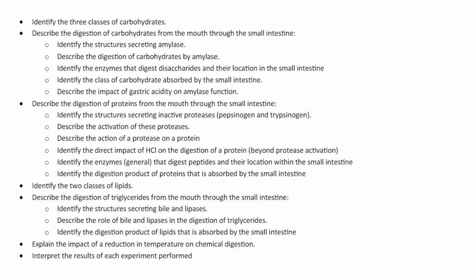And also things like how acidity in the stomach might affect amylase, and what form of the carbohydrates are absorbed. So please go through these learning objectives in a detailed manner.